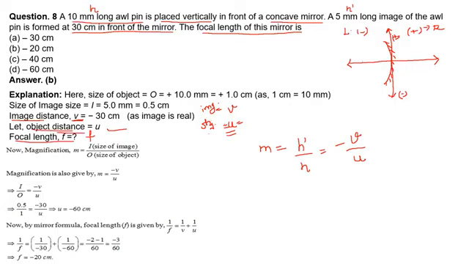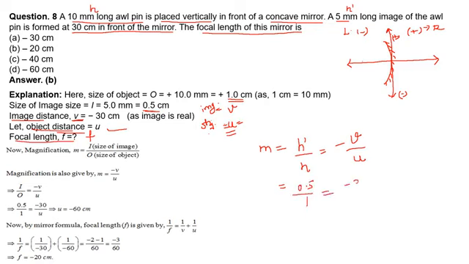Let's substitute the values directly. h dash is the height of the image. It is given as 5 millimeters, so definitely you need to convert it into centimeters. 10 millimeter converted into centimeter. So I'll write 0.5 divided by 1 is equal to minus 30.